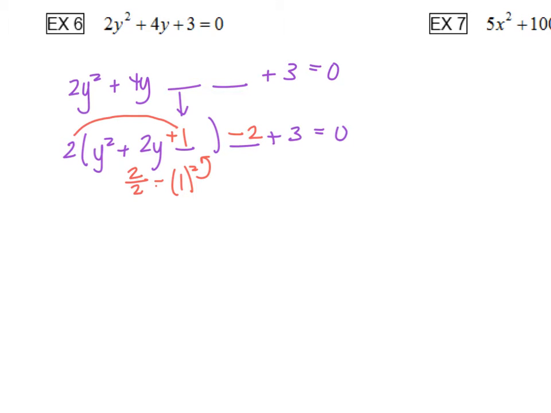All right, so now we have something that is factorable. That was our goal. Factors of 1 that add up to 2 are 1 and 1, so it's the same factor twice. I can just say y plus 1 squared. That 2 out front comes down, and then over on the side, -2 plus 3 is a positive 1 equals 0. So now we have an equation we can solve.